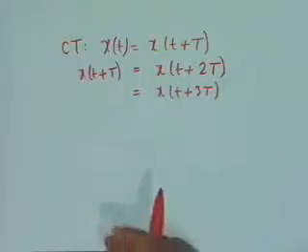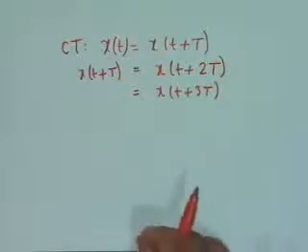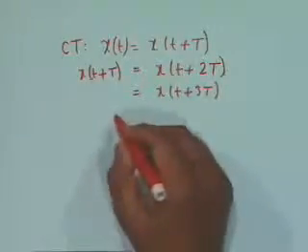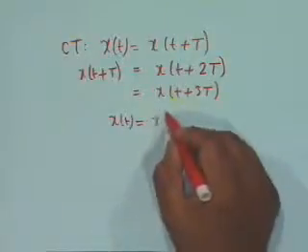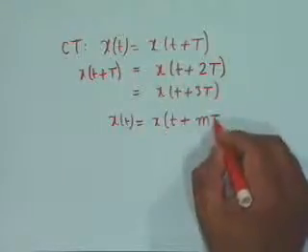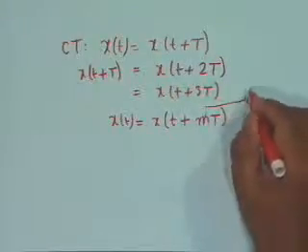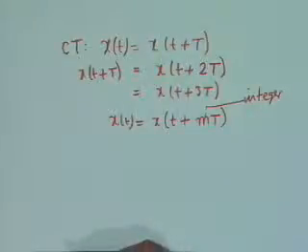That's how it becomes periodic. The pattern is repeated at regular intervals of time, and therefore we can say x of t is periodic if x of t is x of t plus mT, where m is an arbitrary integer. All right.